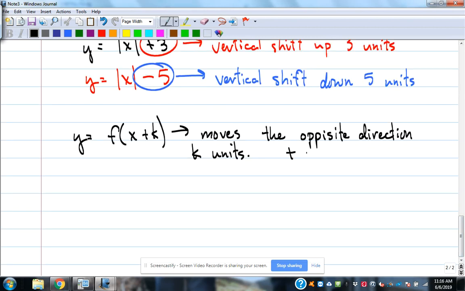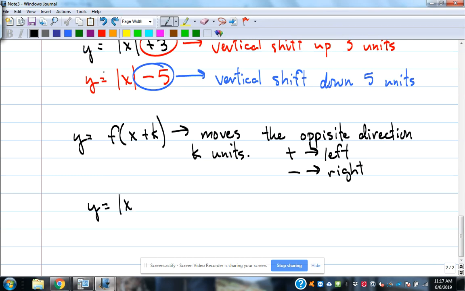Plus is left, minus is right, on the inside. Outside is exactly what you see. What you see on the outside is what happens. On the inside, things are different. They're the opposite.